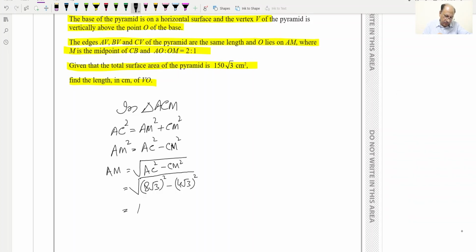So AM value is 12. This is our AM value.